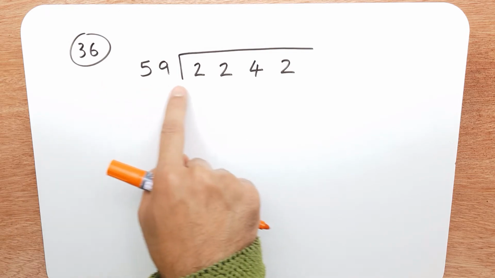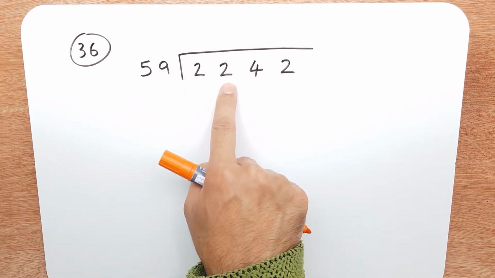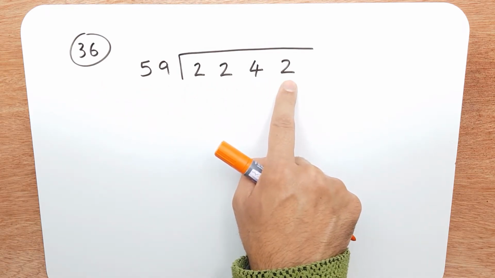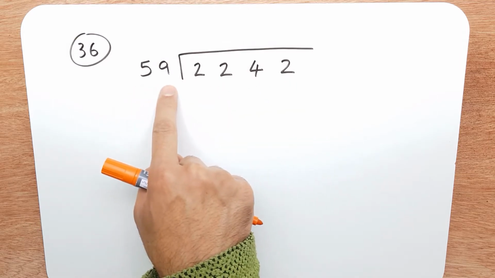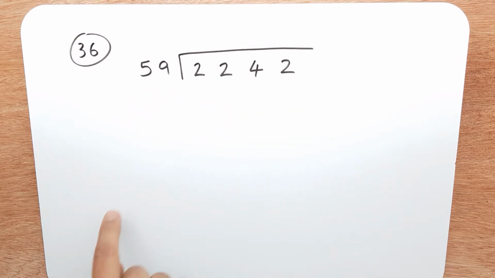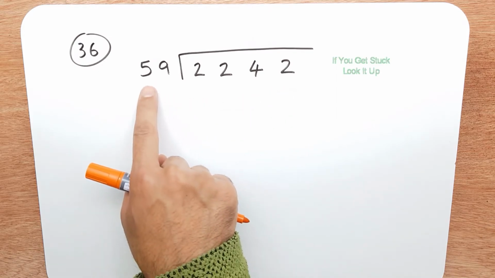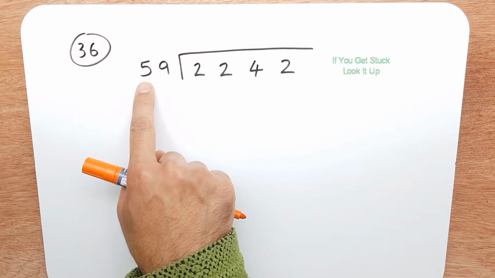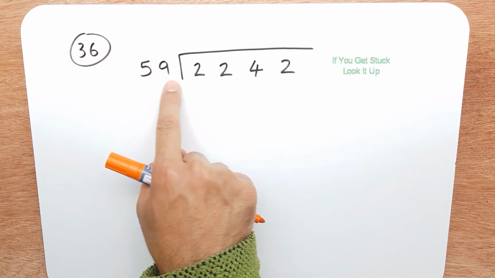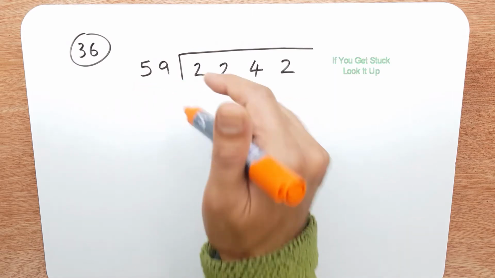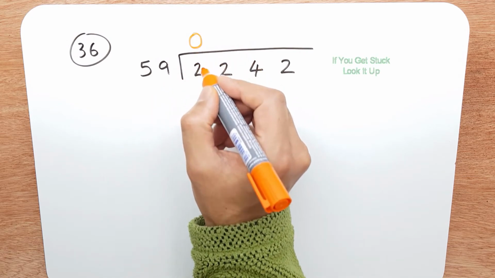Question 36 is 2,242 shared by 59. And they've already done it in the bus shelter format. So what we can do is ask ourselves, how many 59s can we get from 2? 0.